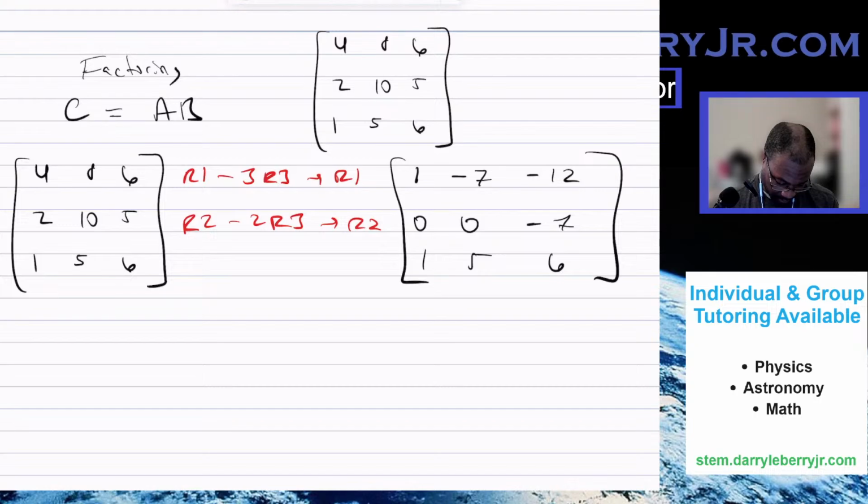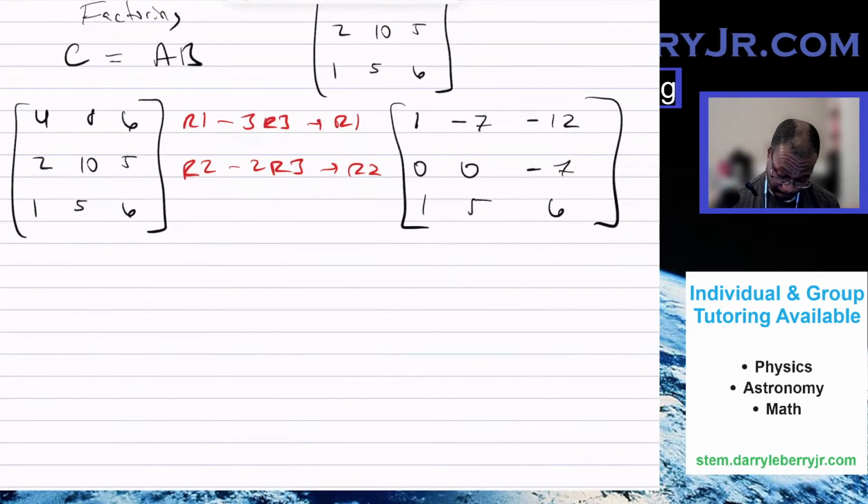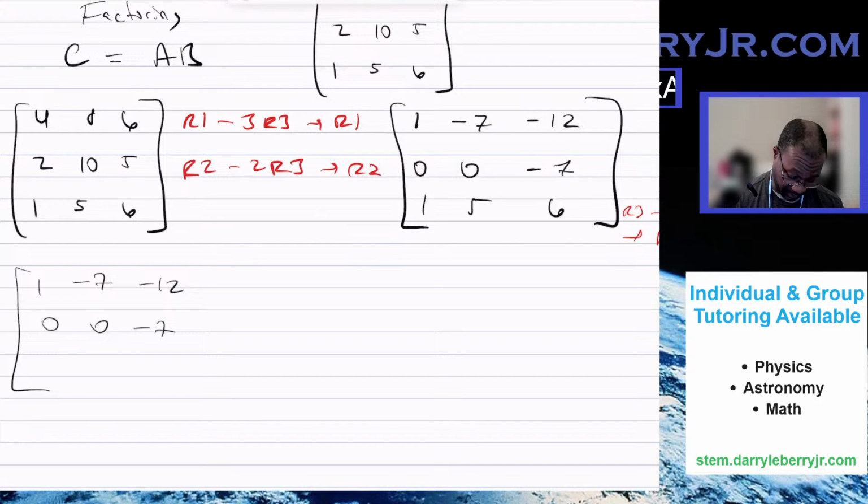And then minus 2, minus 10, minus 12. All right, that seems okay. So then we'll do row 3 minus row 1 to row 3. All right. 1, negative 7, negative 12, 0, 0, negative 7, and 0, 5 minus 7, 12, and 6 minus 12, 18.